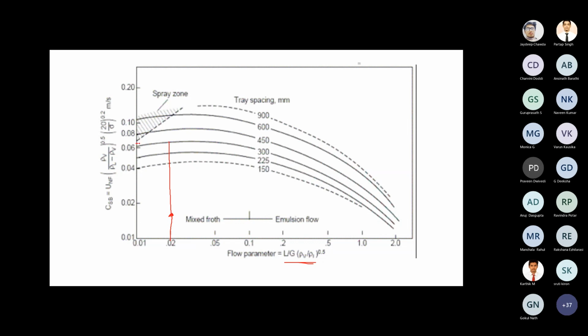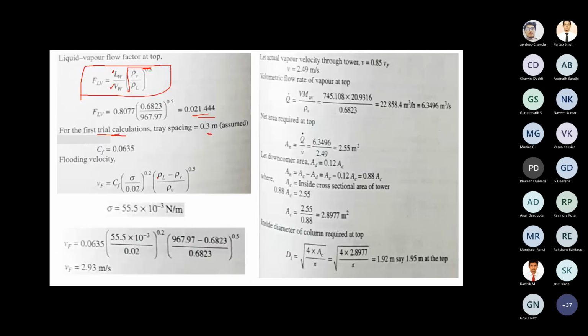And the corresponding value of CSB you can find out, that is around 0.0635. So this value is equal to the CF value. The flooding velocity equation: VF is CF times (sigma by 0.02) power 0.2 times ((rho L minus rho V) by rho V) power 0.5.